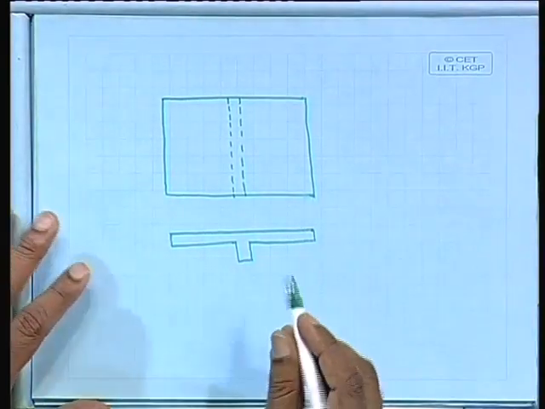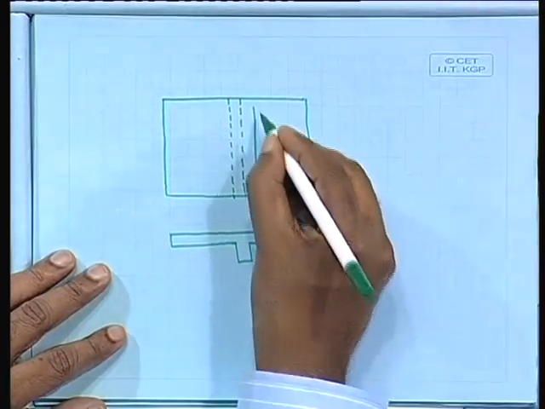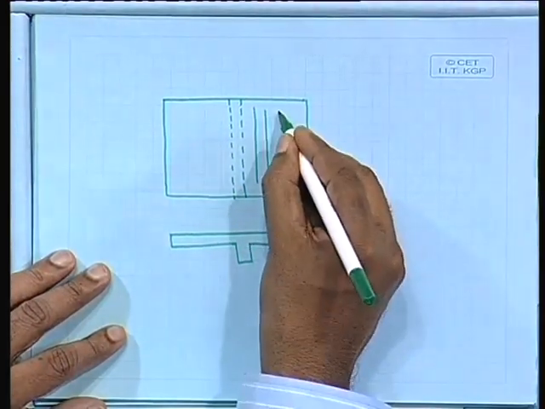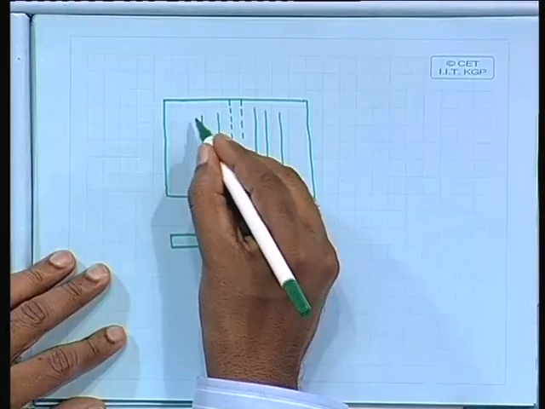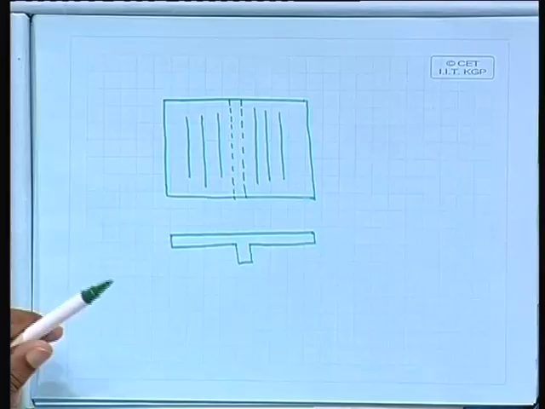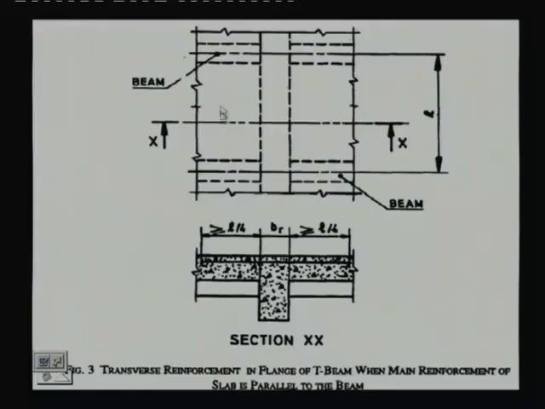The reinforcement we are providing here is along this line in the slab. This is that figure 3 in IS 456, and we have the reinforcement. I have drawn it the other way, anyway it does not matter.